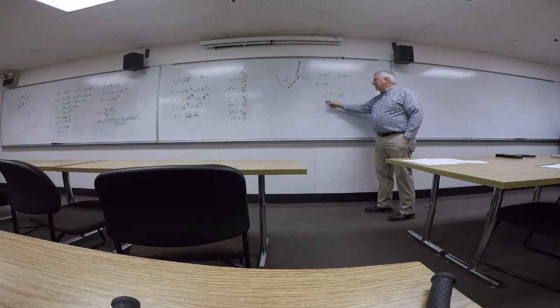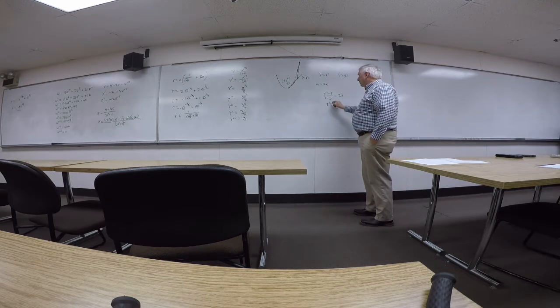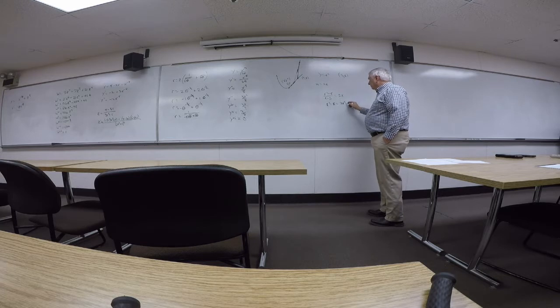So now we have a quadratic equation in x, multiplied by x minus 3. We have x squared minus 8 is equal to 2x squared minus 6x. Bring everything to this side. 0 equals 2x squared minus 6x plus 8 divided by 2. 0 equals x squared minus 3x plus 4.